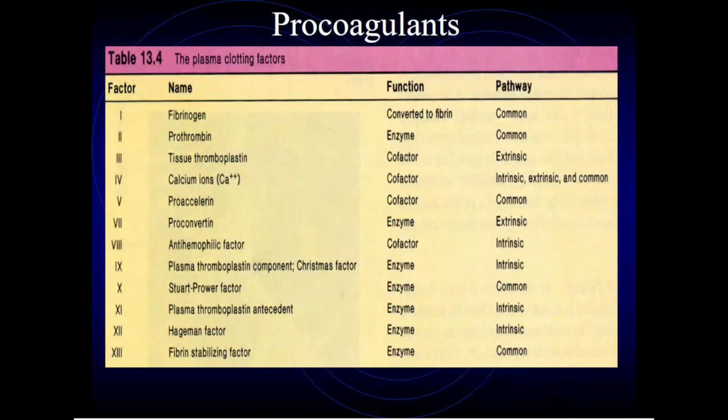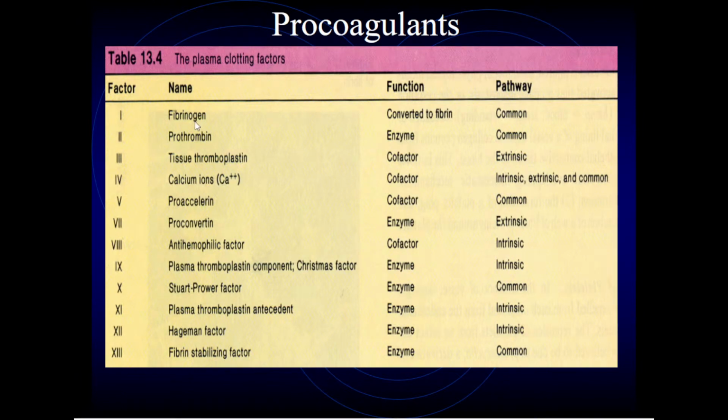The next stage of hemostasis, as you remember, is called coagulation of blood or clotting. Clotting or coagulation depends on a family of plasma proteins, as you see here, called the plasma clotting factors.